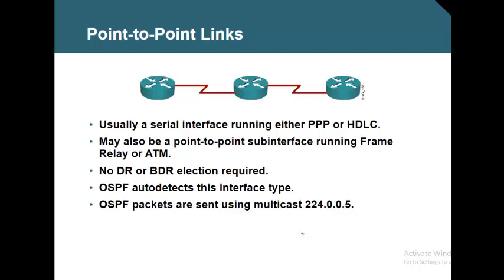Now, the third point, if you see here, there is no need for DR and BDR election. It's only two routers. And next, you no need to say this is a HDLC running serial interface. The interface type is auto-detected.